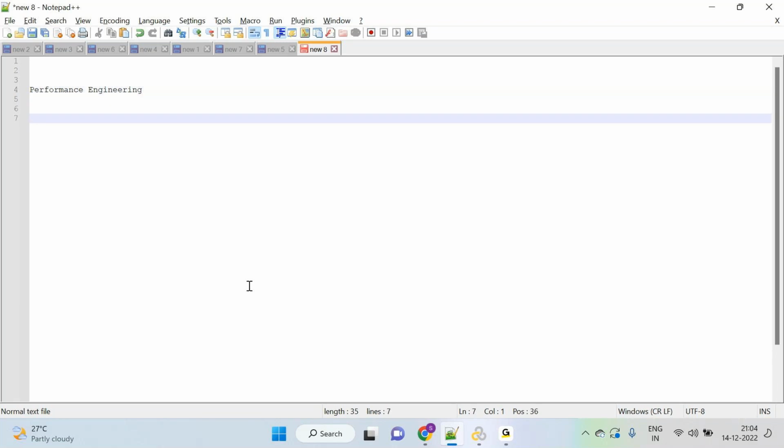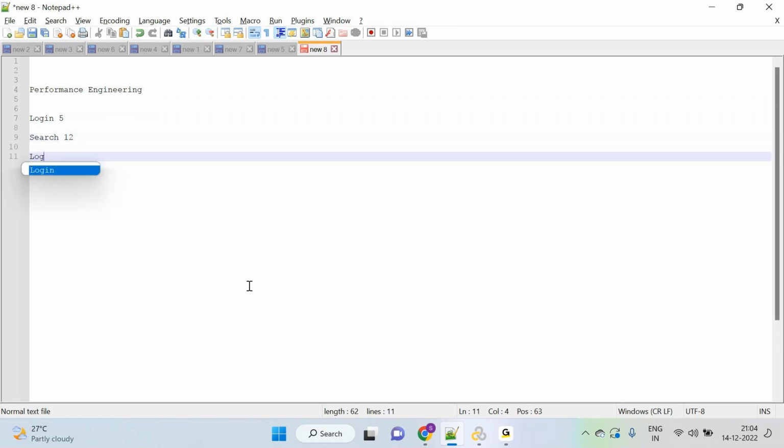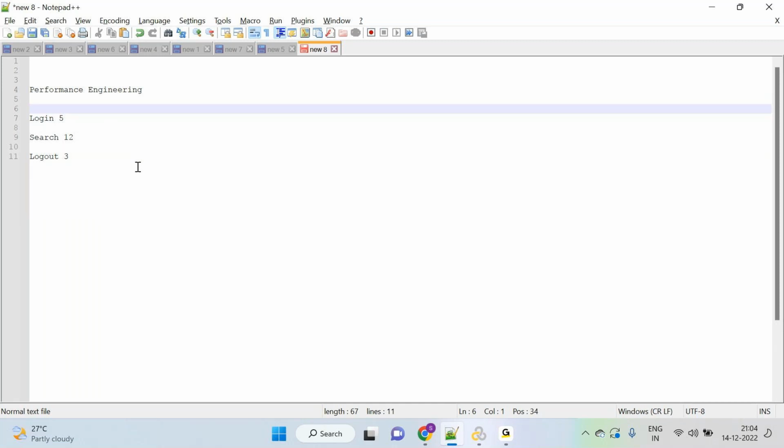They'll say the login transaction took 5 seconds, the search transaction took 12 seconds, the logout transaction took 3 seconds, like that. They only provide numbers in performance testing. The outcome of performance testing is the report.